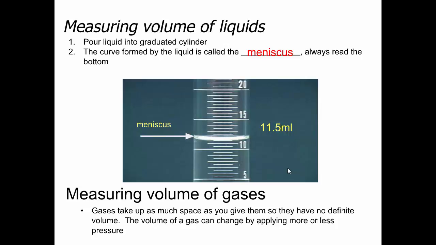The smallest one that my object will fit in, because it gives us the most precise measurements. This one starts at 5 and this one starts at 10, so we wouldn't be able to measure volumes less than that. But we always want to choose the smallest graduated cylinder that's going to accommodate what we're trying to measure, because it's the most precise.